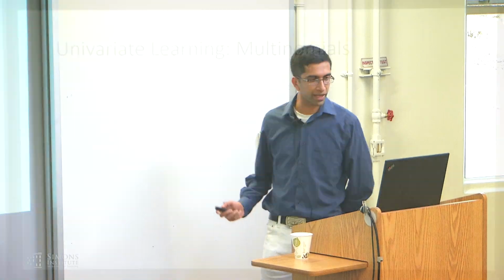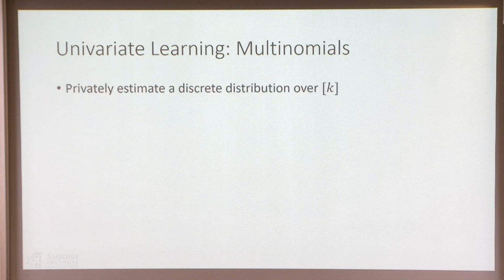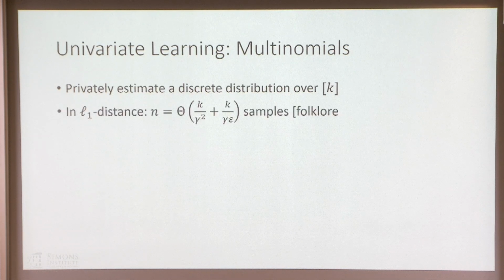Okay, let's see what we can do with univariate learning, which are just one-dimensional problems. First off, since we've been working with multinomials, let's see about privately estimating a discrete distribution over 1 through k. It's a folklore result that just by noising the empirical histogram, you can get essentially k over gamma squared, which is the non-private complexity, plus k over gamma times epsilon.